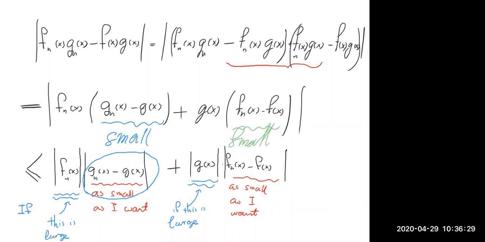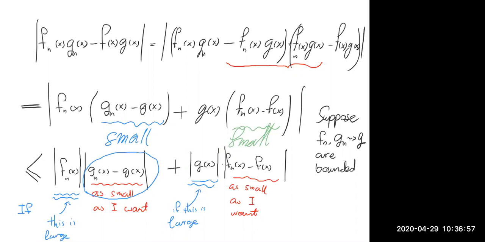So as Richard said, the good idea is to assume Fn and Gn are bounded. If Gn is bounded, it implies that G is also bounded because Gn is converging to G. That's easy to see.